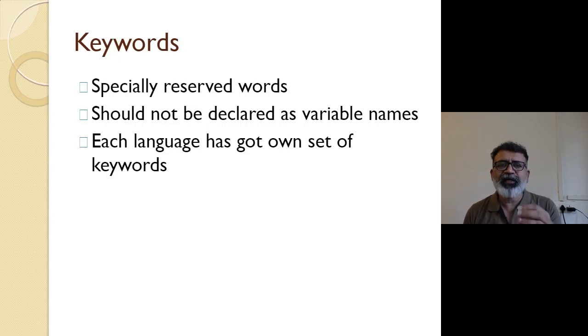You cannot declare a variable named int, float, or double. Its meaning is limited to that only. And there are only 48 keywords, so we can still make billions of combinations. As far as naming of variables is concerned, we should not have any problem.